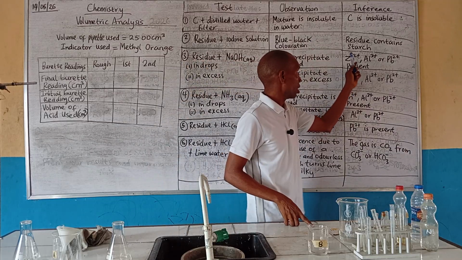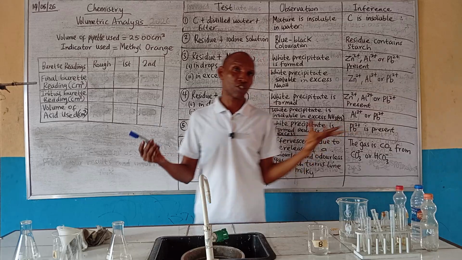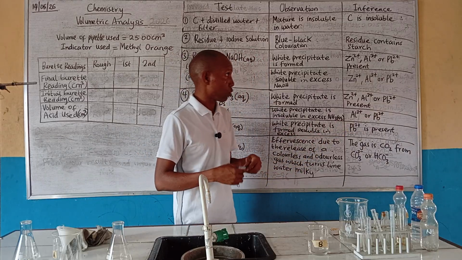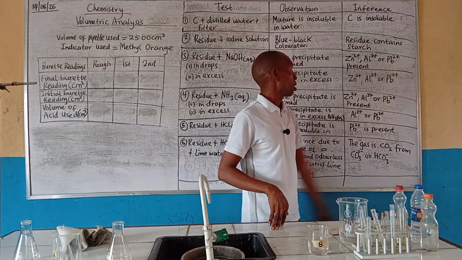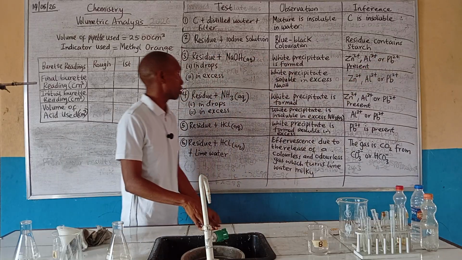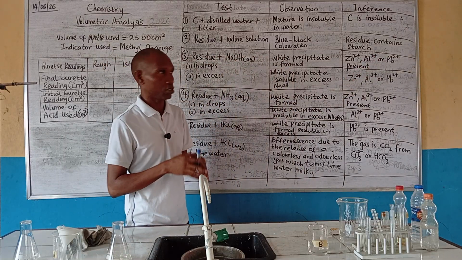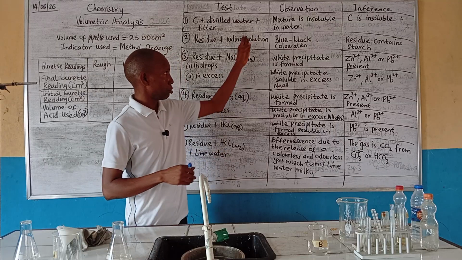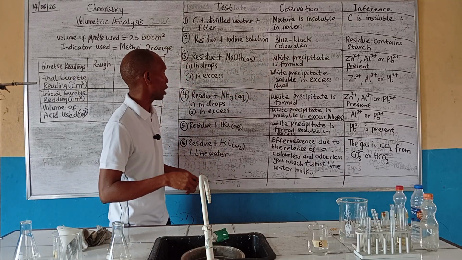The inference is residue contains starch, because starch is not the only component of the mixture. It's one of the components. So whenever you are told to use iodine solution, just know it's starch they are trying to test for. So write your observation and the correct inference, and you get full marks for that.